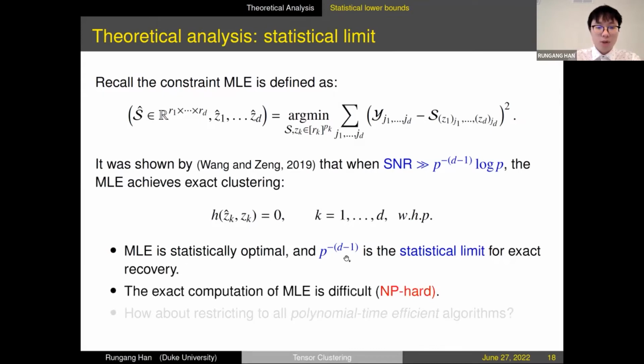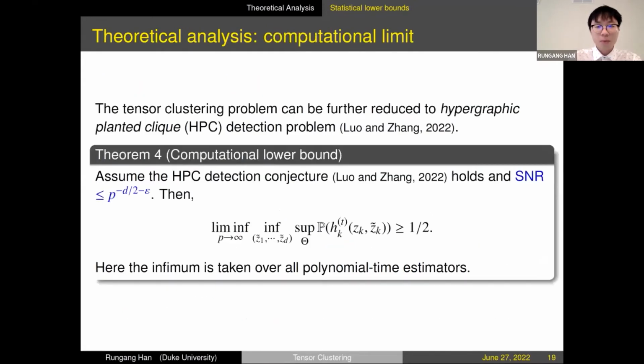But as we just mentioned, the exact computation of the MLE is difficult, or NP-hard. So we may next ask, how about we restrict our attention to all polynomial-time efficient algorithms? To answer this question, I would like to first introduce the hypergraphic planted clique detection problem, or hypothesis, introduced by Rungang Han in their 2022 Annals paper.